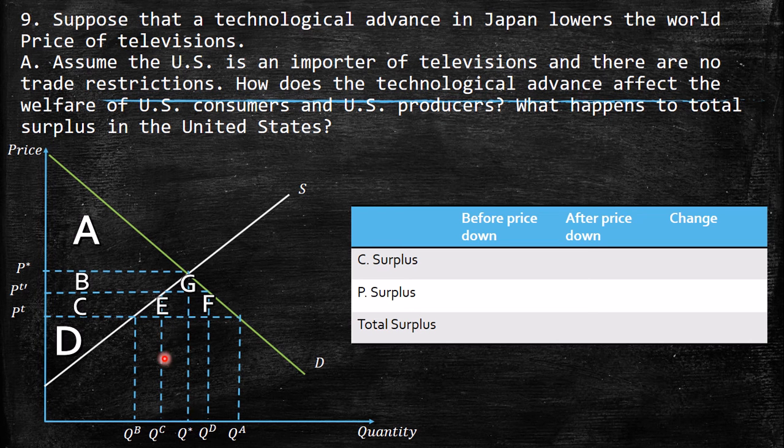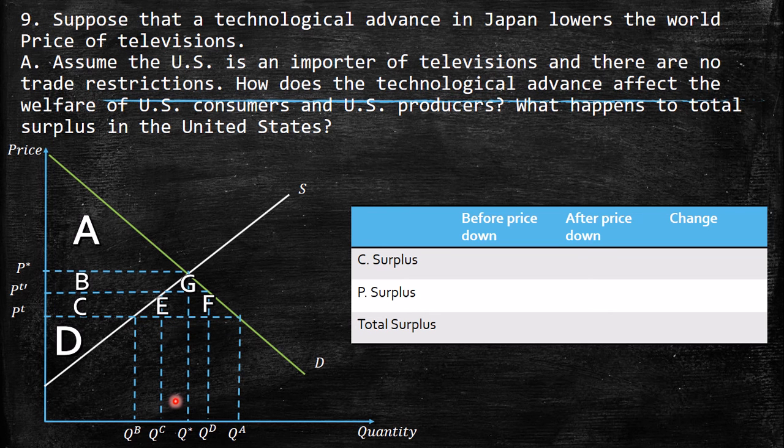Now, given the technological advance, the PT, which is the world price, will be lower even more. So it will be lower, right? So you have here the PT instead of PT prime. So at this PT, which is the last price after the technological advance, you see how the domestic production is even less given the lower price, so they have even less incentive to produce, so they have QB.